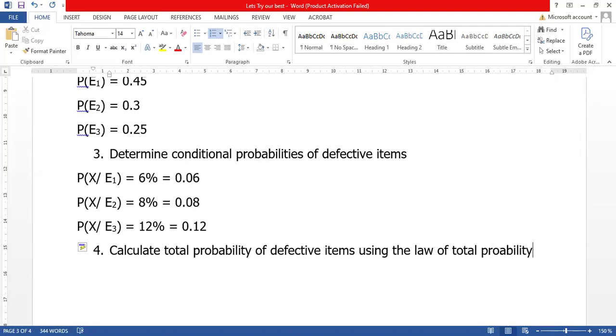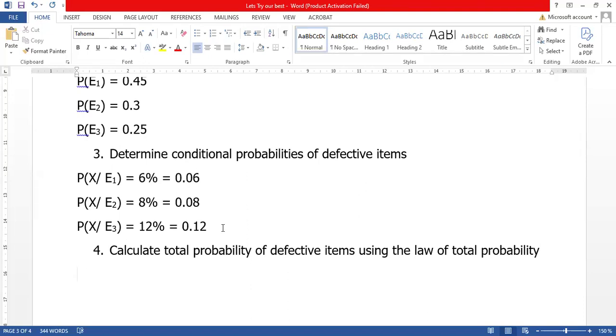Because we want to use the conditional probability, the Bayes theorem, we need this. What is the total probability of defective items?